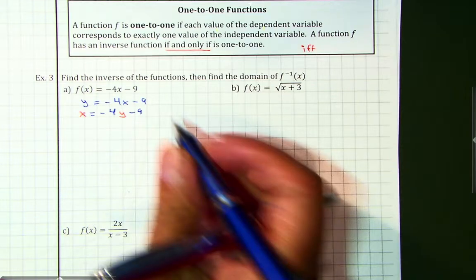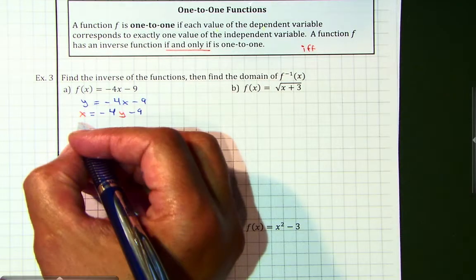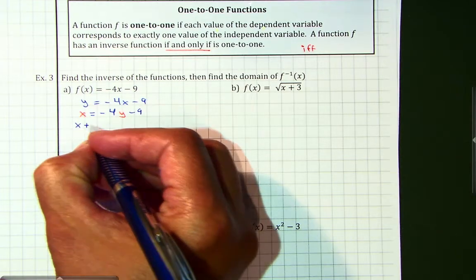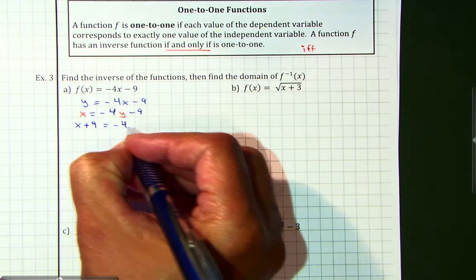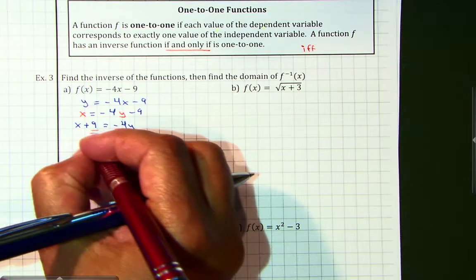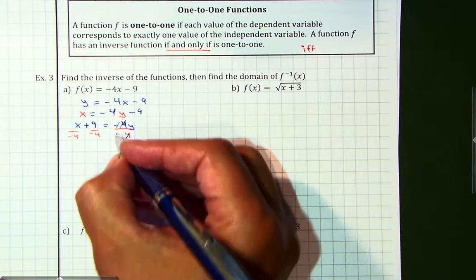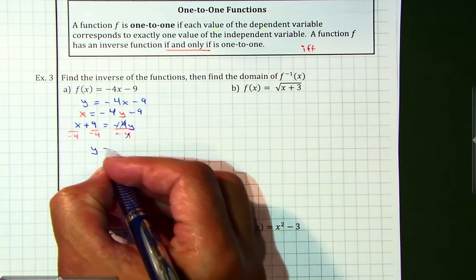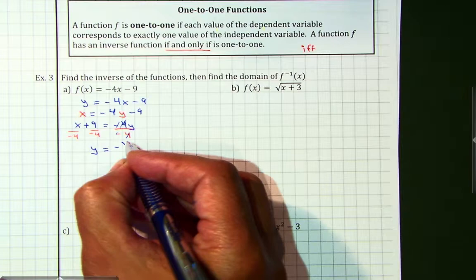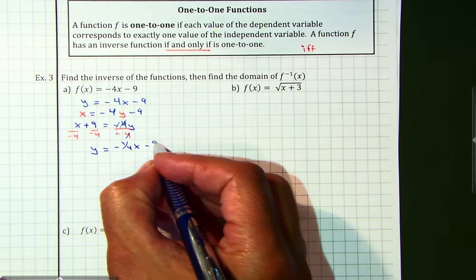And now we can solve it. Solve for y. Move the 9 to the right, becomes a positive 9. Then divide by negative 4. The 4 cancels, the negative cancels, so therefore y equals negative 1/4 x minus 9/4.